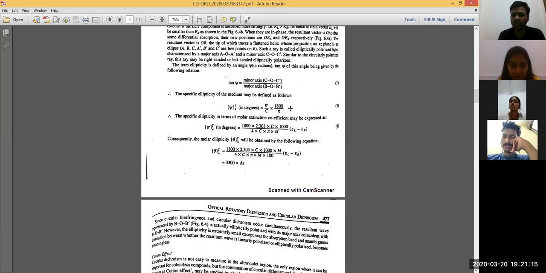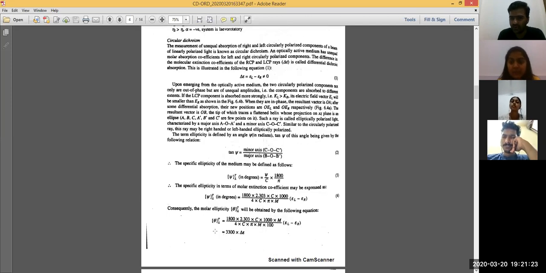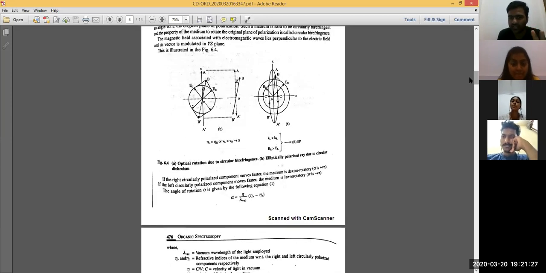See, we are not going into the detailed mathematics of how the difference in absorption has got converted into ellipticity. What we are just trying to understand here from this mathematics is we are trying to find a relationship between the difference in absorption of LCPL and RCPL, which is a function of the degree of ellipticity.